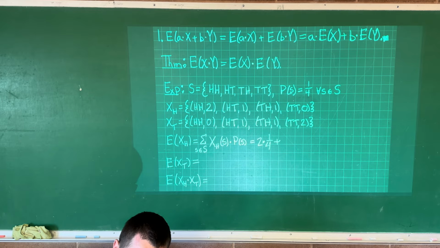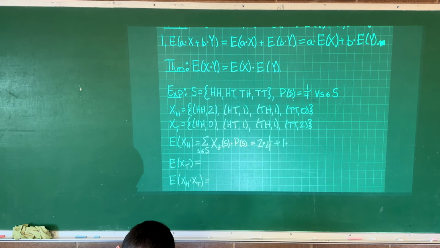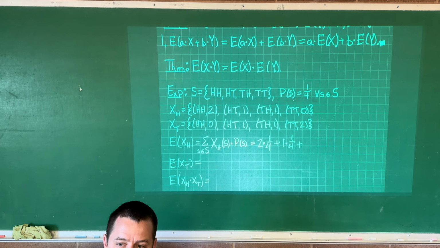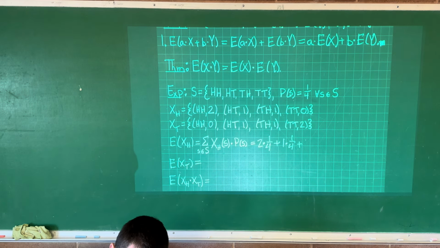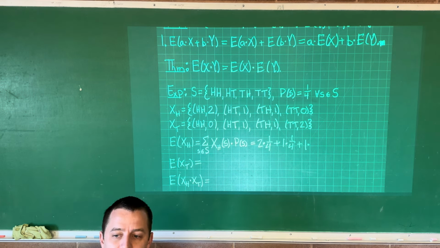This time we're going to plug in HT for these s's. When I plug HT into this function, what does it spit out? 1, because there was only 1 head. Times the probability of HT, 1/4. Now I'm going to plug in TH. TH has how many heads? 1. What was the probability of getting a T then an H? 1/4.